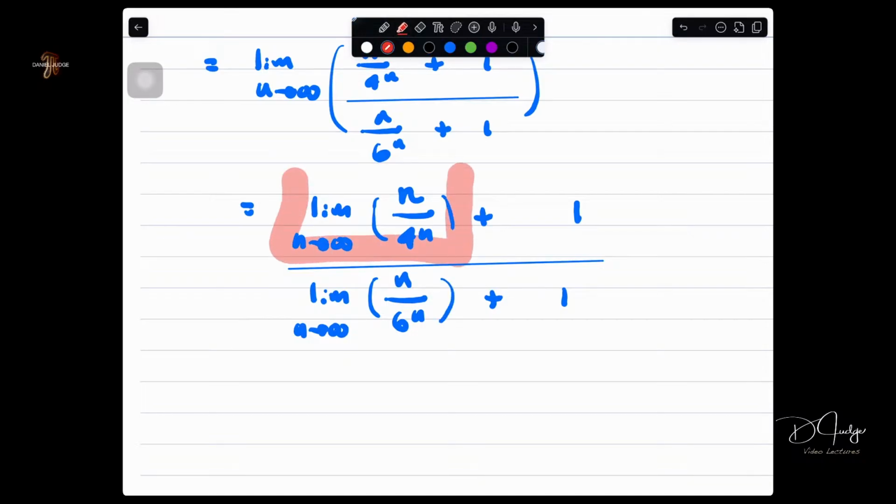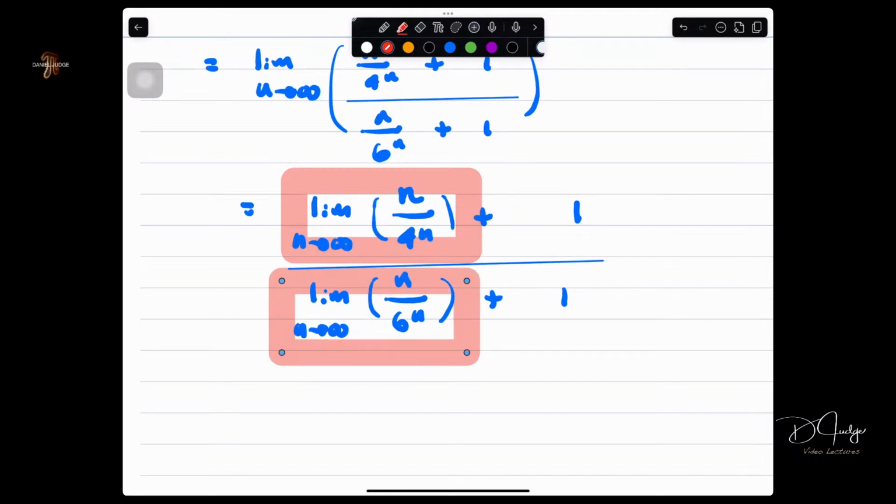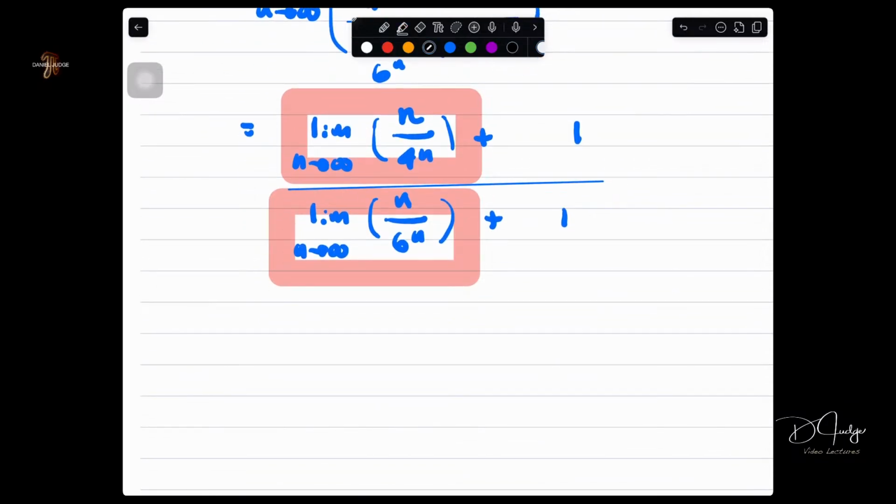Essentially, we want to know what both of these particular limits go to. So I want to note here that we're going to look at the limit as n goes to infinity of n over 4 to the n.